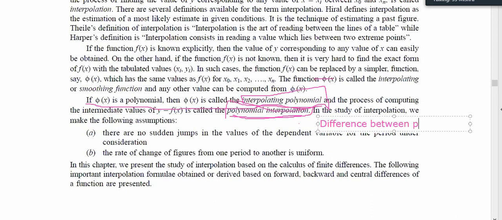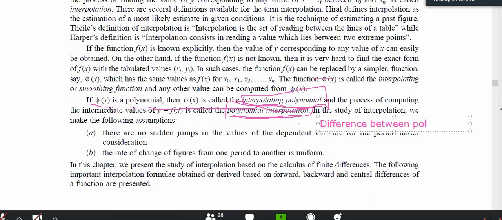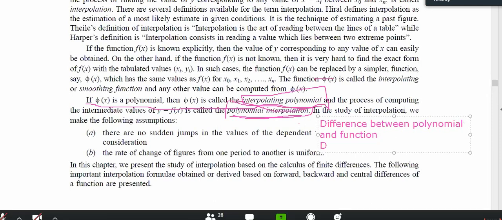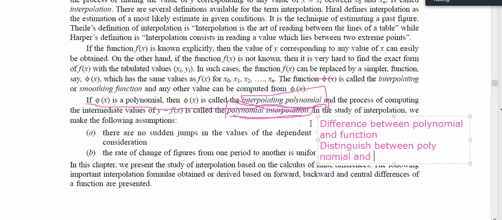Study and find the points which distinguish between polynomial and function.